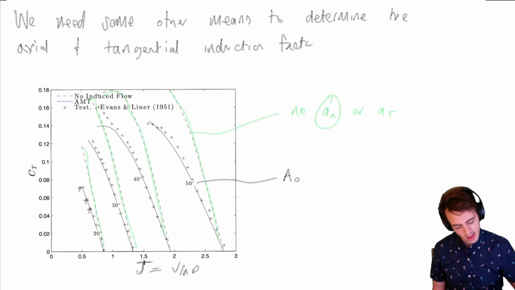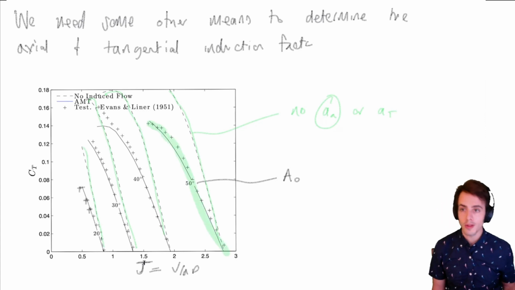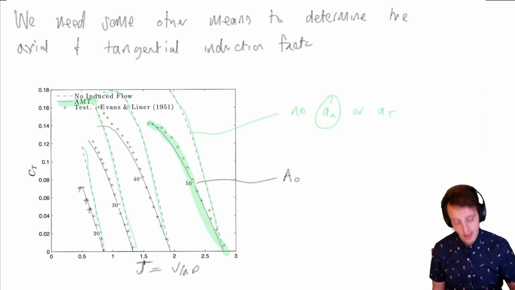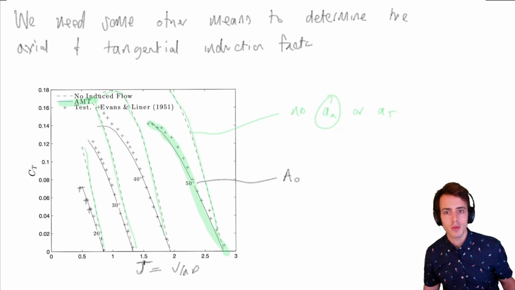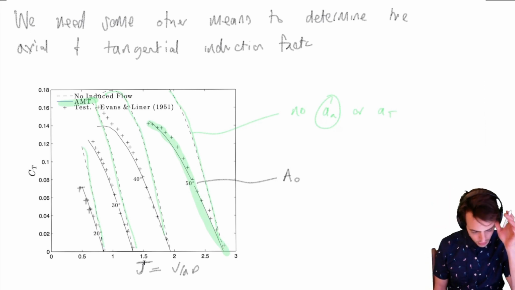So if we include them correctly, then we get data points that match our experiment much more closely. Here I've included what's called annular momentum theory, which is an implementation of the theory that we're going to be following today.